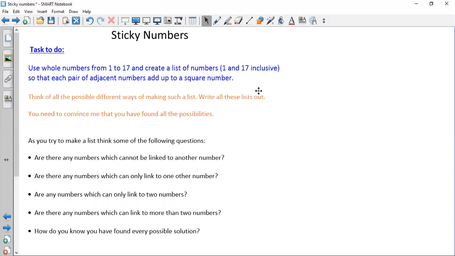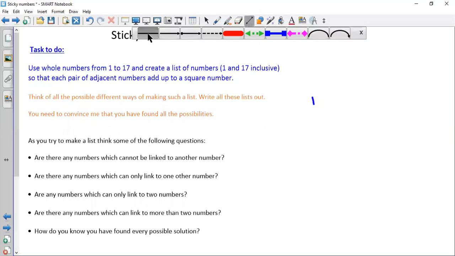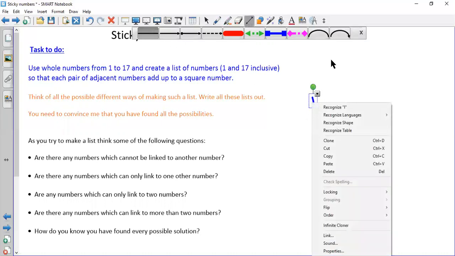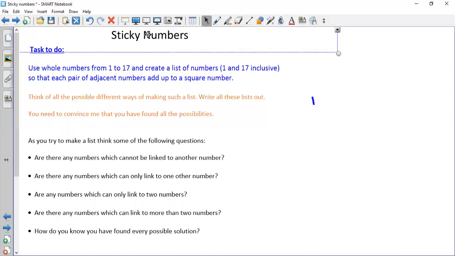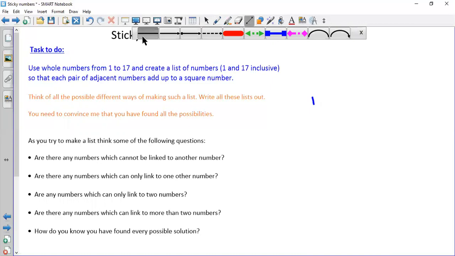So for example, let's say I start with number 1. I always try to be systematic so that I cannot miss out on any possible answers. So let's say I can think of what will I join 1 with. That's what I'm thinking of.